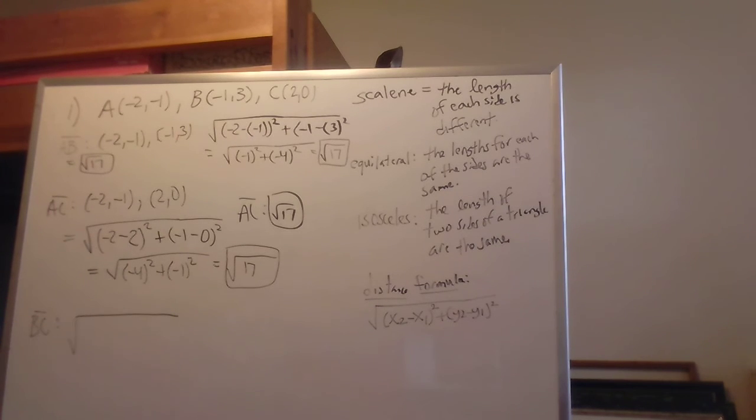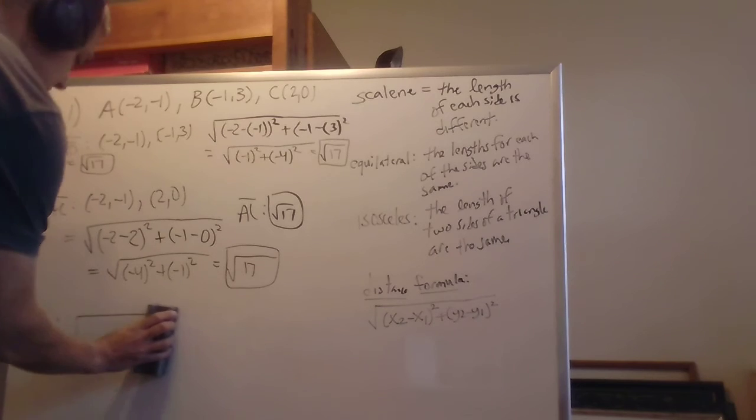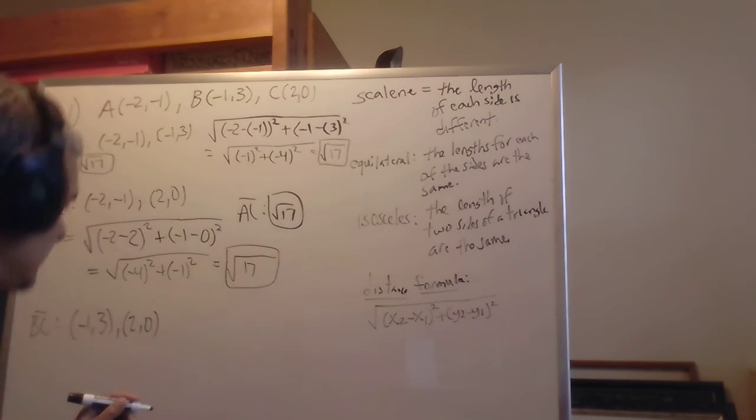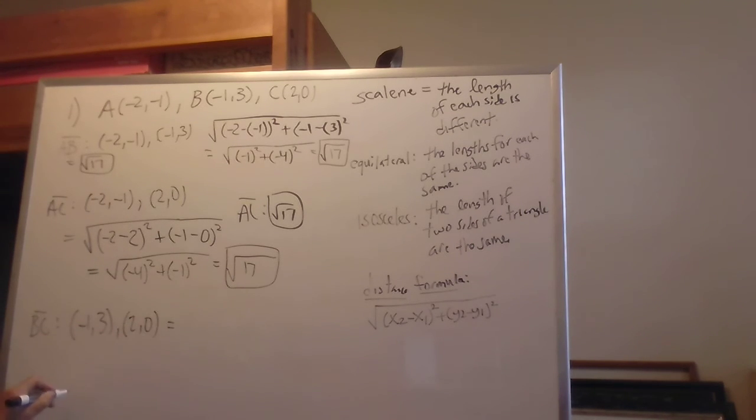So we are going to take the first coordinate for B, which is -1, 3, and we're going to take the coordinate for C, which is 2 and 0. And now we are going to use the distance formula again. So we're going to have -1 minus 2 squared plus 3 minus 0 squared.